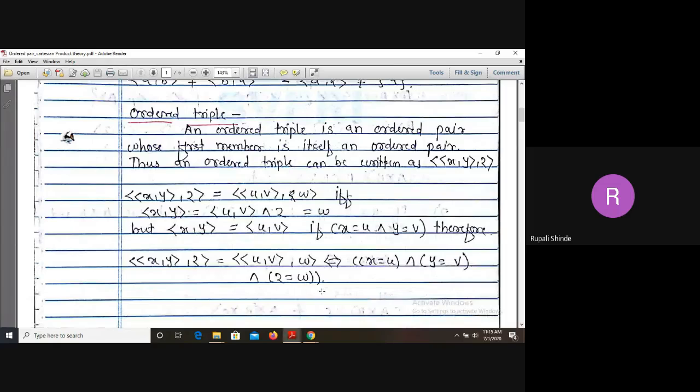Then only can we say that these two ordered triples are equal. Okay. Have you understood what is the meaning of ordered triple?